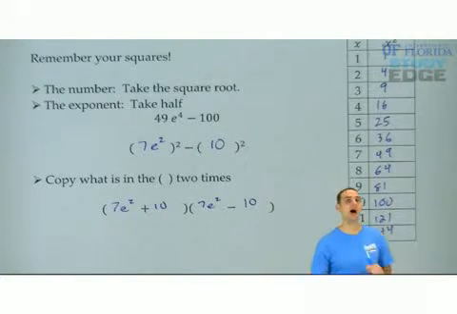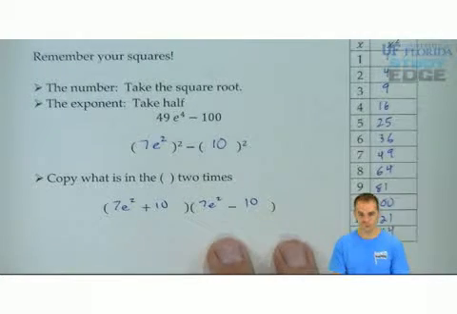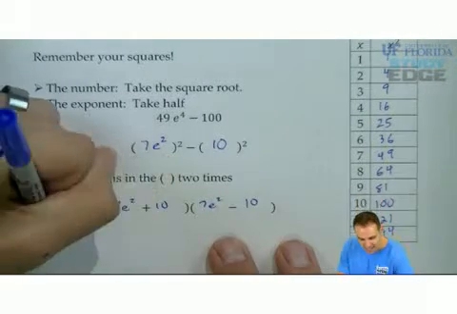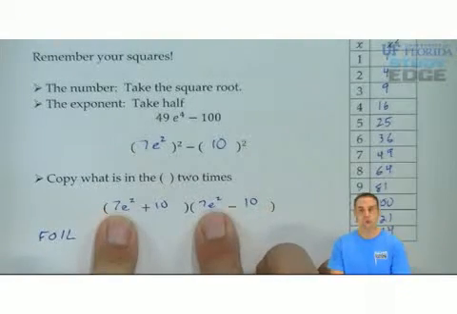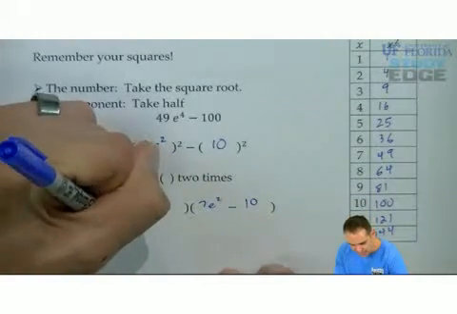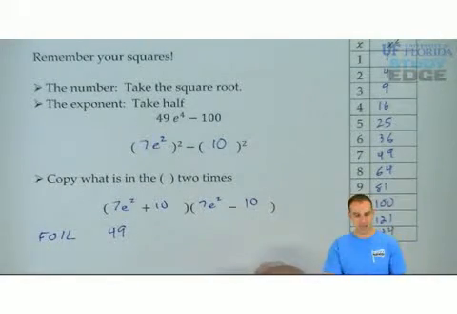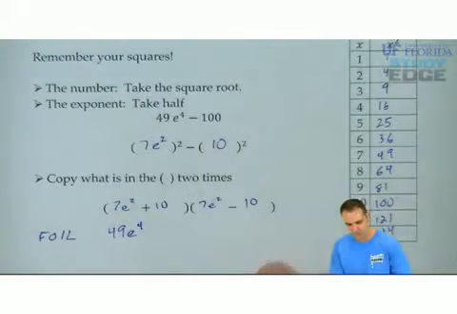The reason why is because the opposite of factoring would be distributing, FOILing. So if you watch for just a second, I'm going to go backwards to check. I'm going to FOIL this out. Ready? First, 7e squared times 7e squared is 49e to the fourth, because 7 times 7 is 49, and 2 plus 2 gives you e to the fourth.